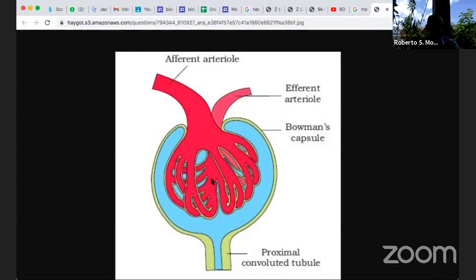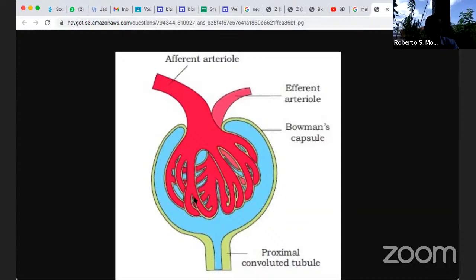Another important thing I want you to notice here is, do you notice the arterioles, this one and this one, and the names? This one is called the afferent arteriole. This one is called the efferent arteriole. Just to remind all of you, afferent means going in, coming in. So here, blood is flowing towards the glomerulus.